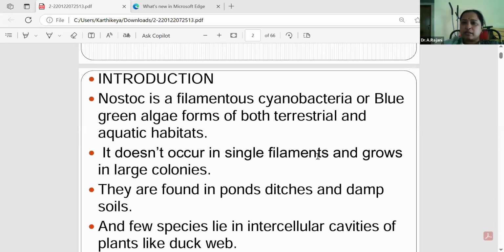We discussed the pigmentation, reserve food material, the types of reproduction, and the economic importance of cyanobacteria. Now, in this cyanobacteria, there are type studies also: Nostoc, Anabaena, Oscillatoria. Those type studies will be explained in today's class.